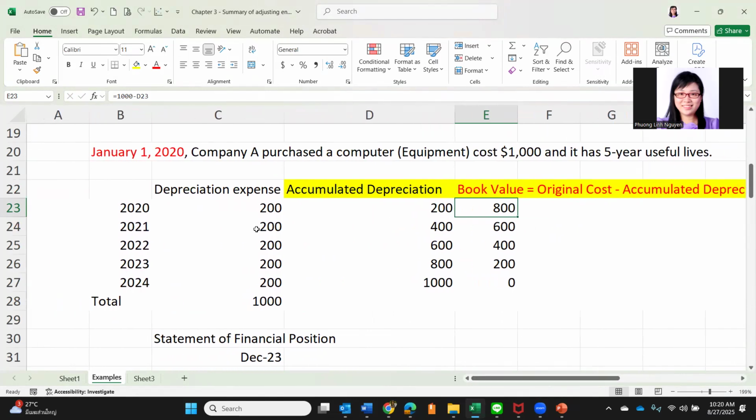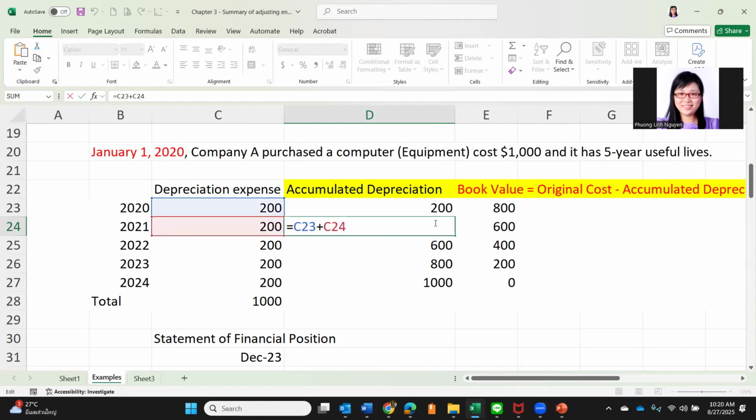Now year two will depreciate another 200. Remember, accumulated depreciation is the adding up of depreciation every year. So how did I get 400? It's because we add up the depreciation expense of year one plus year two, and that will give us 400.